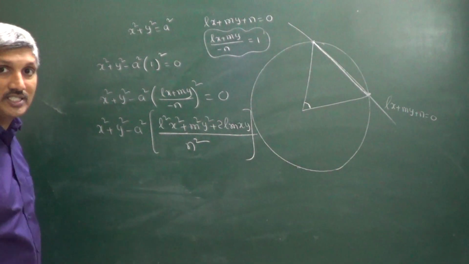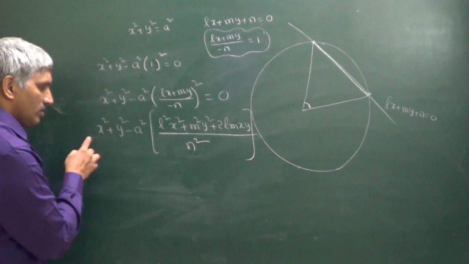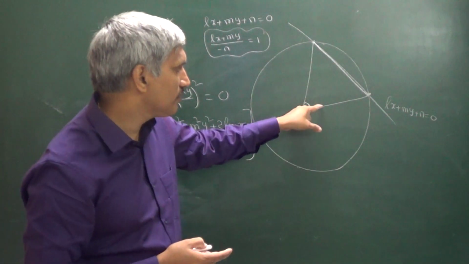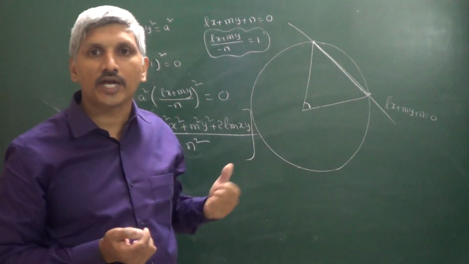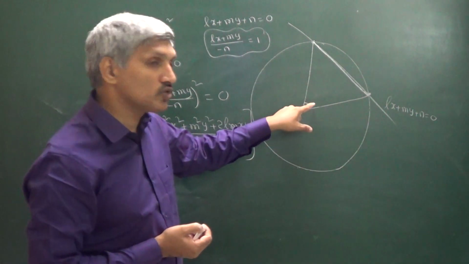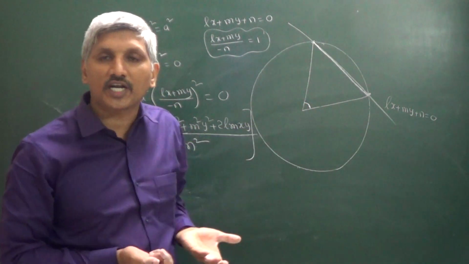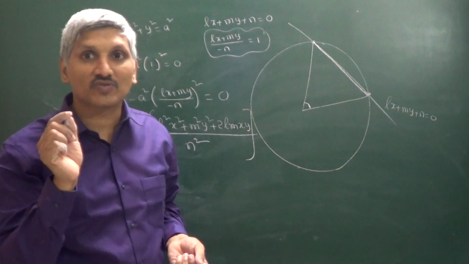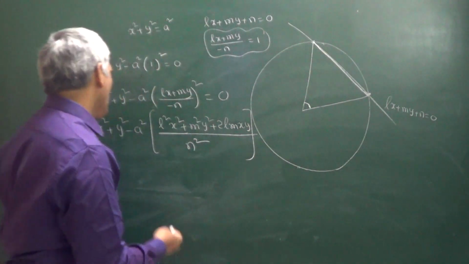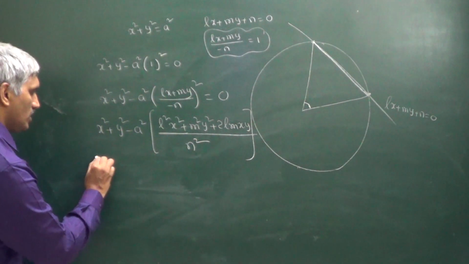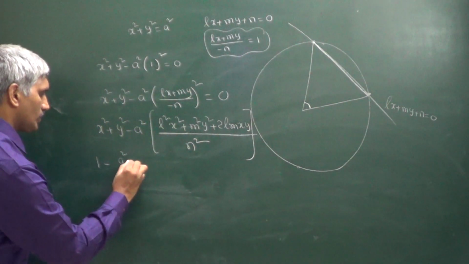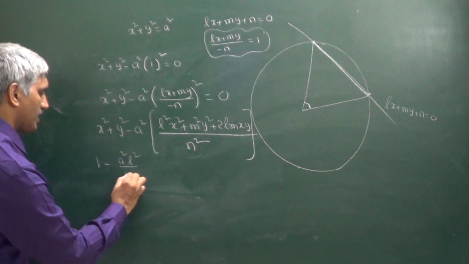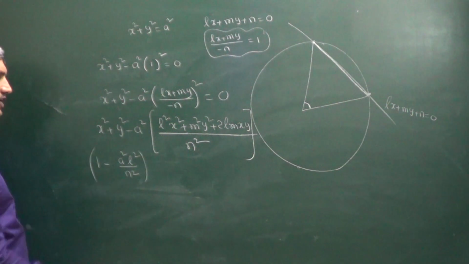Now tell me, what is the x square coefficient here? Because it is saying that the angle between these two straight lines is equal to 90 degrees. When the angle between two straight lines is equal to 90 degrees, what is the condition? Coefficient of x square plus coefficient of y square is equal to 0, we have to get. What is the coefficient of x square? 1 minus a square l square divided by n square, that is the coefficient of x square.